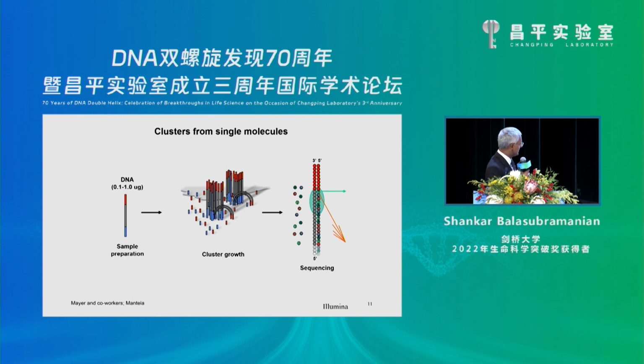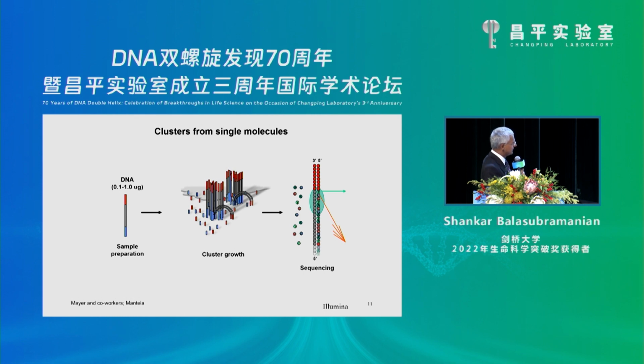And the way the Manteia approach works is, in essence, rather like carrying out PCR, but in 2 dimensions. So you can prime one end and extend if you add a polymerase and unmodified dNTPs.